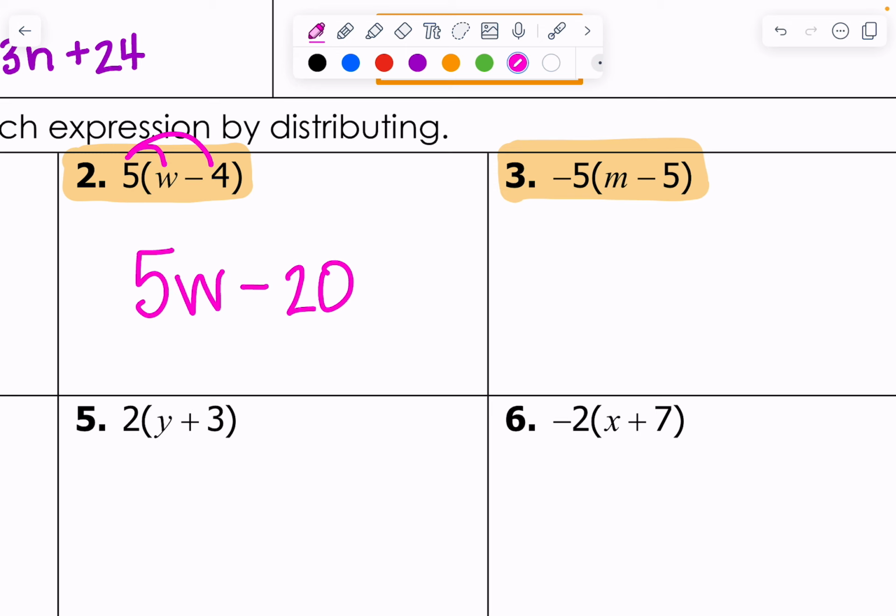If we do number 3, we're going to take -5 times n, and be careful, we have -5 times -5, so we can think of that as negative times a negative is going to turn into plus 25. If you made a mistake, it's okay. Let's fix it. Make sure you have these two answers.